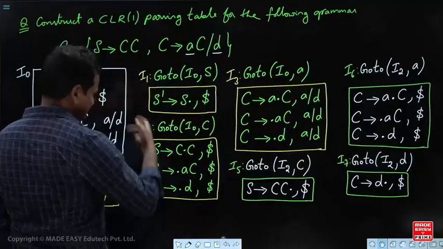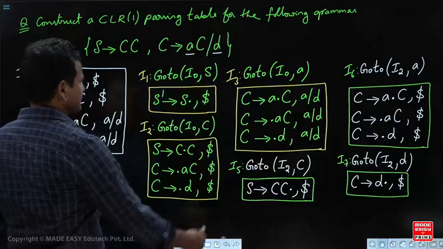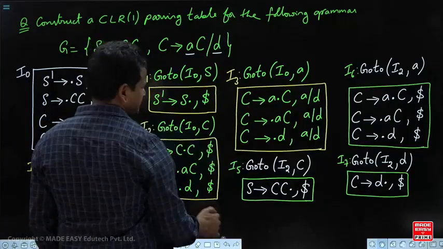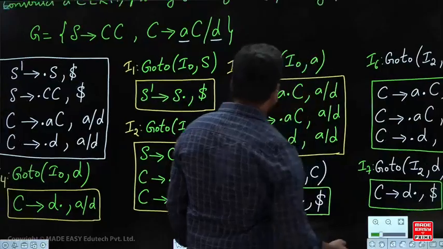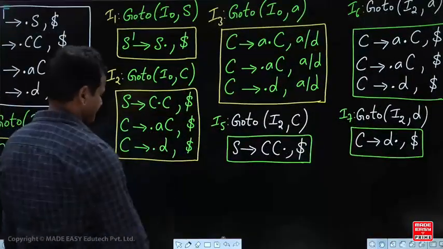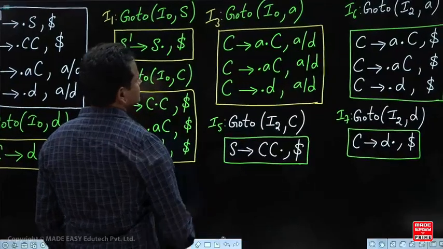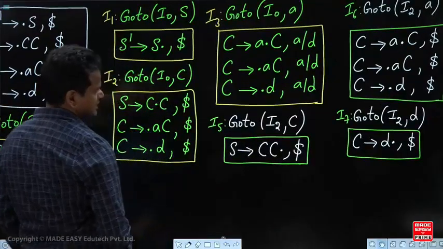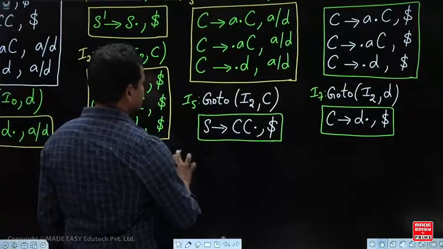Okay, now I2 is completed. I am going for I3. This is I3. I2 comma D, then I will write this I3.